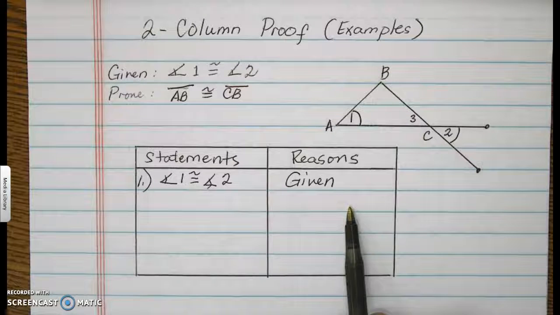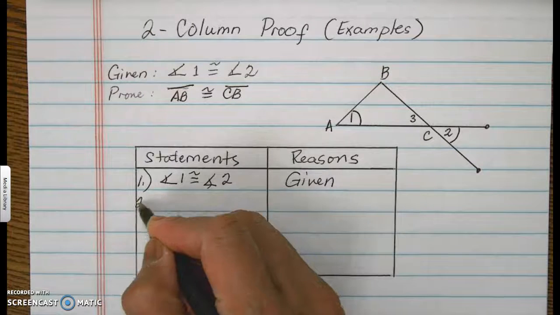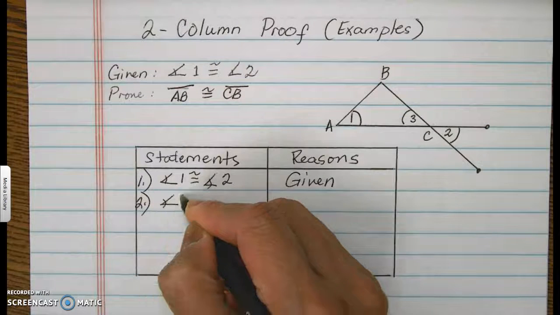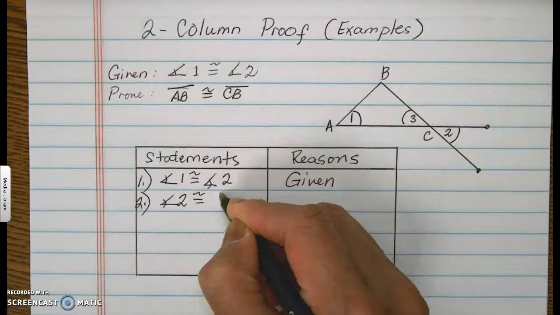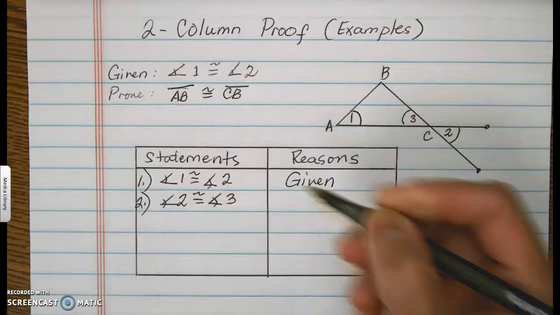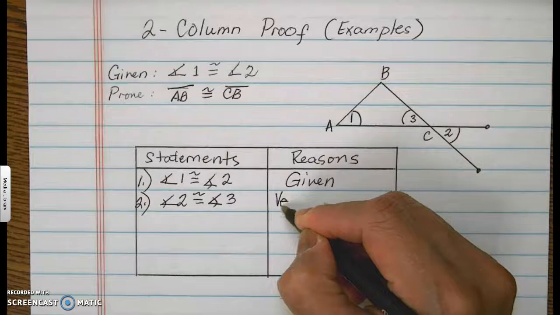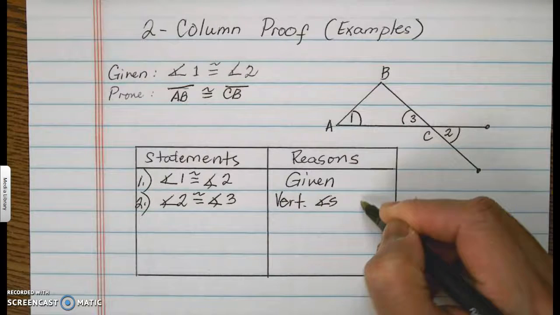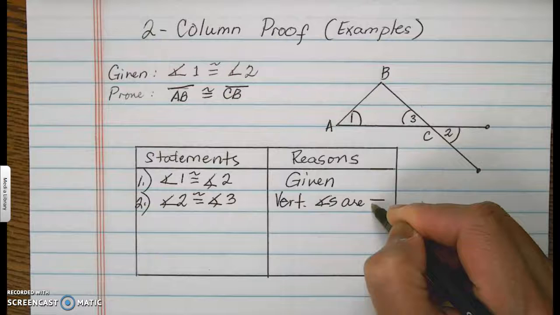So let's go ahead and do the next statement, and the next statement is going to be that angle 2 is congruent to angle 3, and that's going to be by the vertical angle theorem, or you can simply say vertical angles are congruent.